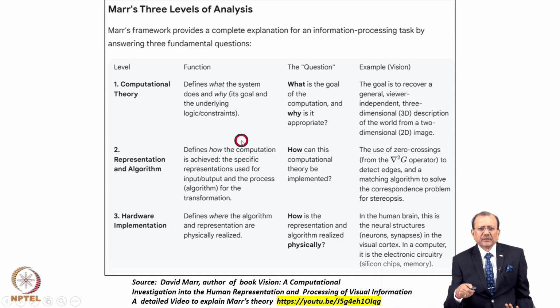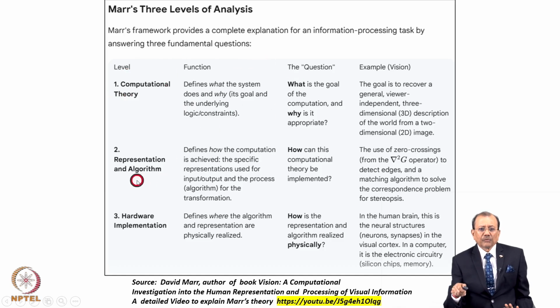So if we quickly see the function of the computational layer, it defines what the system does and why, the underlying goal of the computation. Why is it appropriate? When you want to build any computer vision logic or system, you should first work out at the computational level what kind of computation this system or device should do.